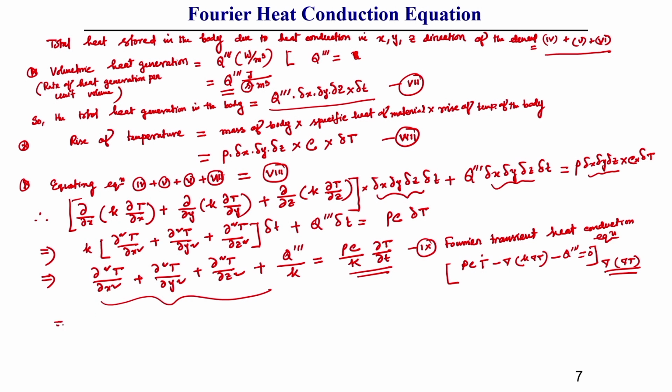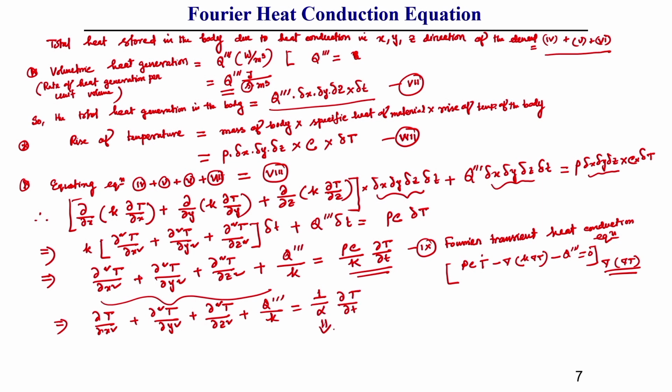Generally these are also sometimes represented as del 2 T by del x square plus del 2 T by del y square plus del 2 T by del z square plus q triple dot by k equals 1 by alpha del T by del t.